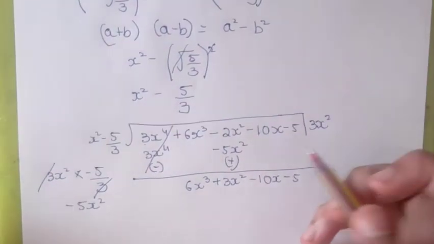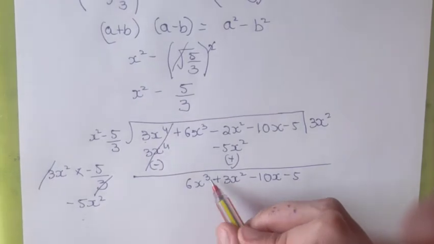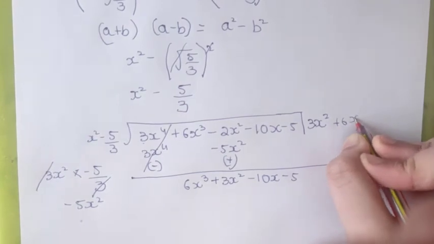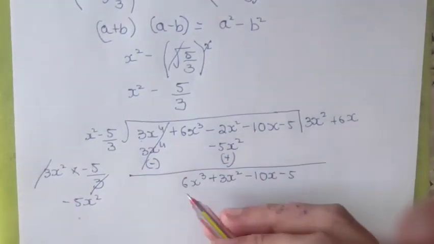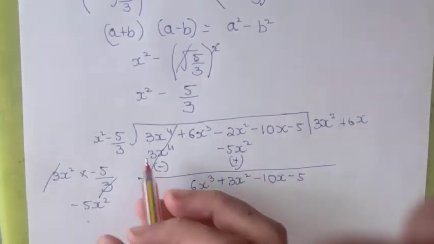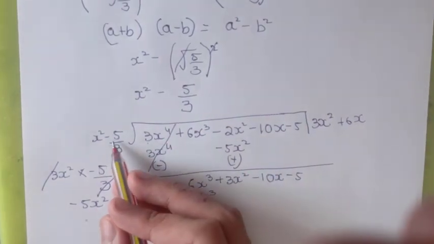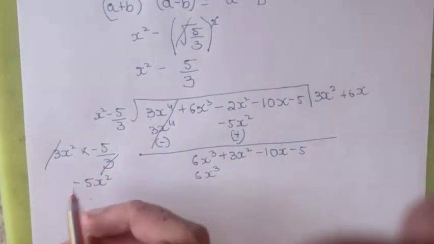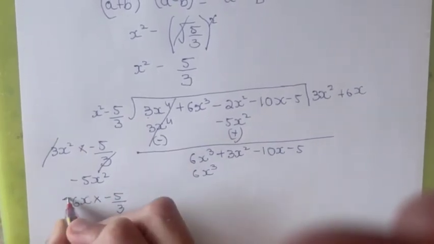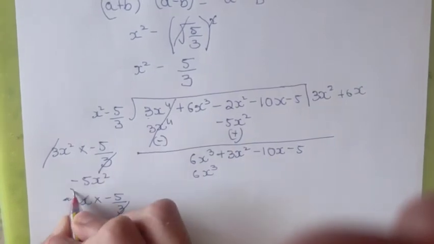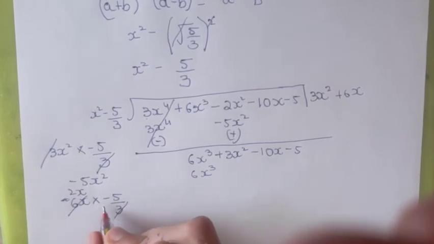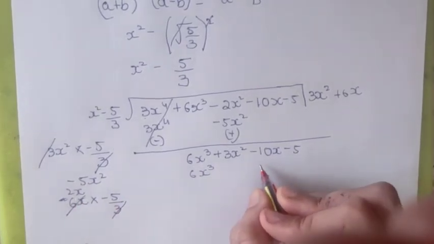Now next we want 6x cube, so we multiply by plus 6x. 6x into x square becomes 6x cube, and 6x into minus 5 by 3: the 3 cancels with the 6 to give 2x, and 2x into minus 5 is minus 10x.